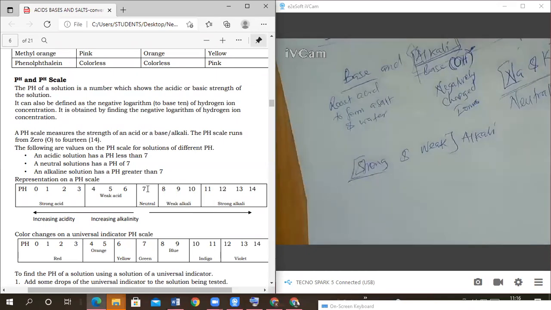What is the pH of water? 7. So that is the only substance that at least we know is neutral. What about the waragi? Where does it fall?